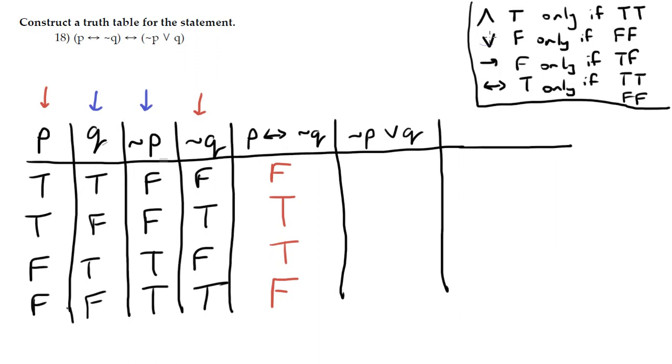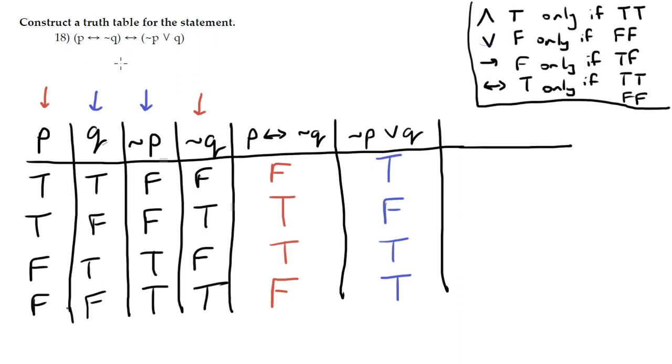Otherwise, it's true. So the only way I'm going to put a false here is if I have two false statements. False, true, that's true. False, false, there we go, that's a false. True, true, that's true. True, false, that is true.